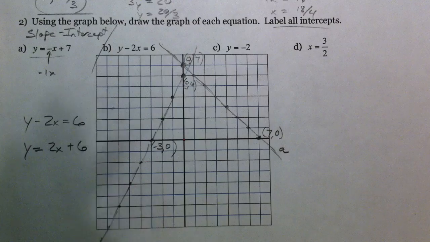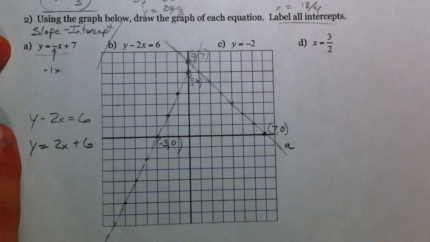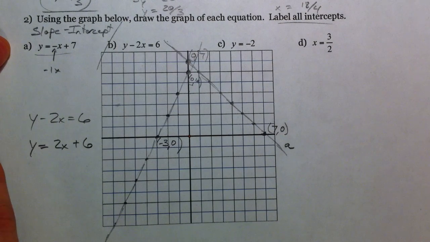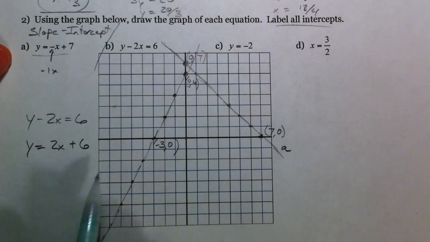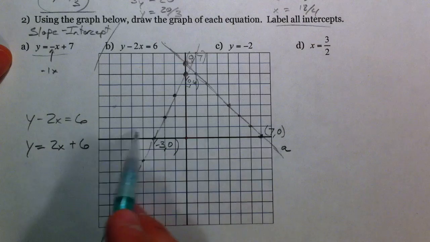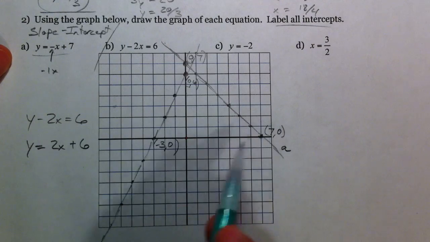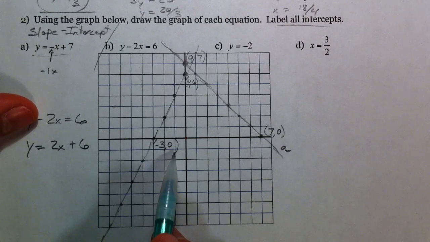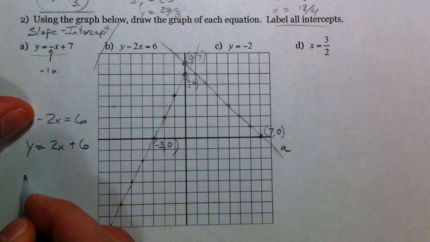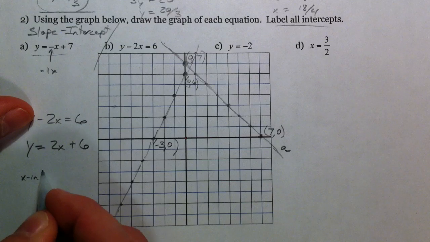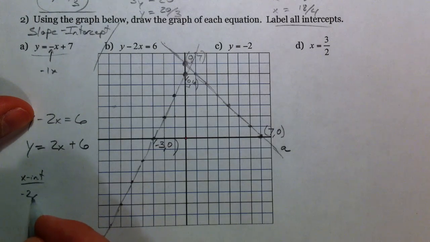Another way you can do this is looking at x and y intercepts. I call it the cover-up method. If y equals 0, you're down here. The y values are 0 down here. And so if you cover up the y and make it 0, the x-intercept is negative 2x equals 6.